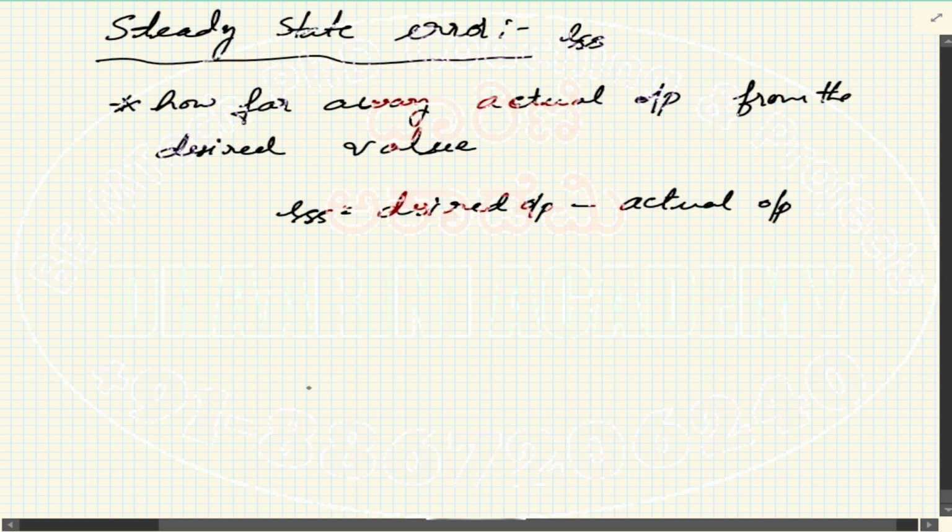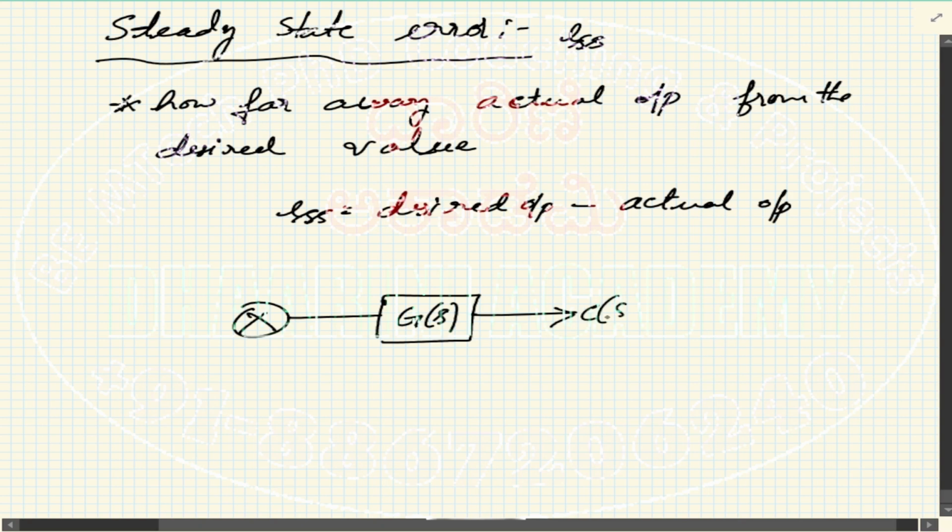We have seen the feedback system and the system without feedback, or a different feedback. Let's look at a block diagram first. This is the output, say C of s.